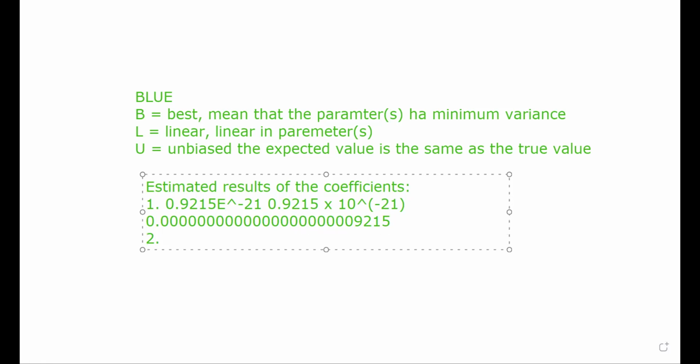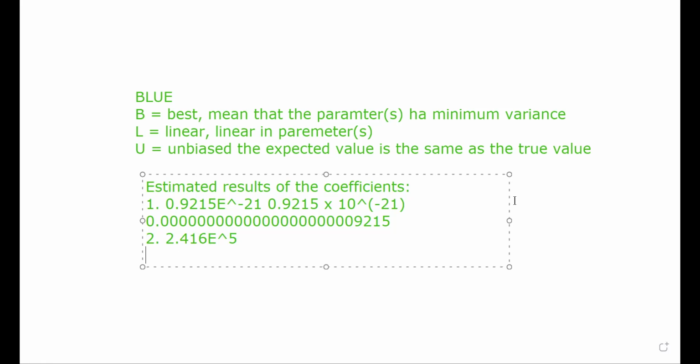Another equation, for example, 2, 9, 2, 4, 1, 6, E to the power 5. Okay. This means you have here 2, 4, 1, 6. Because you have 5, that means you have to add 2 zeros with it.